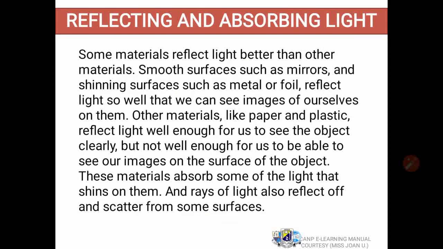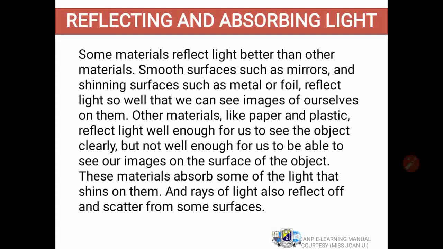Reflecting and absorbing light. When we talk of reflecting and absorbing light, by now you know what we are talking about. Some materials are good reflectors of light, better than other materials. Smooth surfaces such as mirrors and shiny surfaces such as metal or foil reflect light so well that we can see images of ourselves on them.